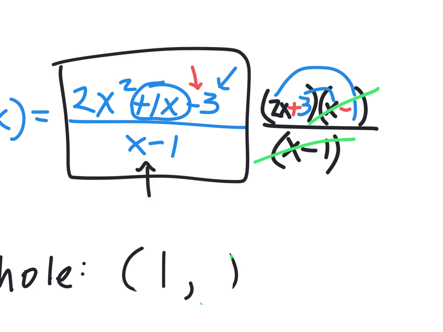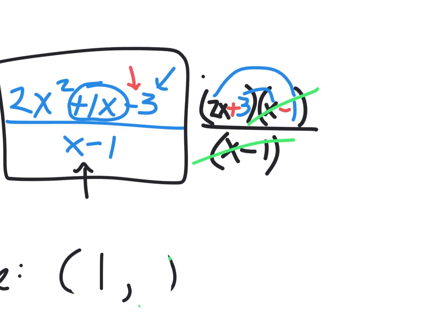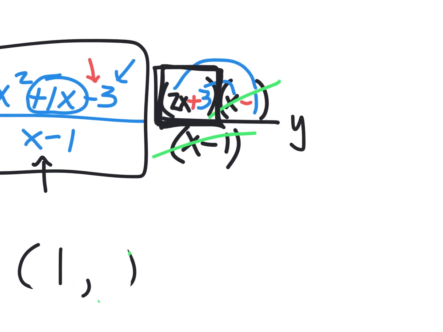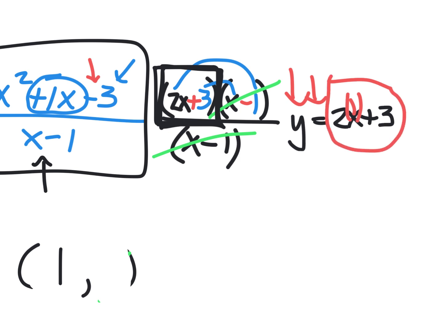So you can't put x back into that function, but you can put it back into the remaining function that's left after everything canceled. I'm going to rewrite that over here. Y equals 2x plus 3. That's all that was left. Now, if I want to finish off my hole, I put the 1 in there, and I get y equals 2 plus 3, 5. 1 comma 5.